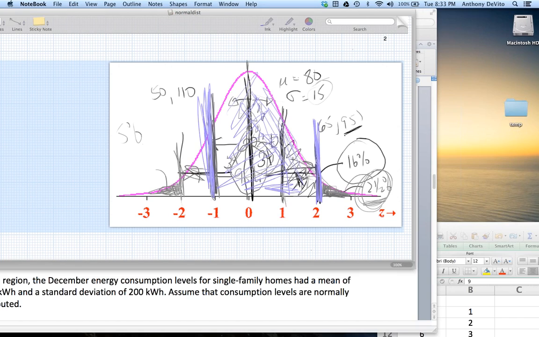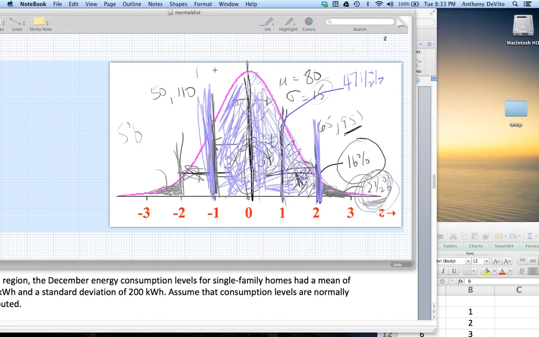So what do we know that area is? Well, this part over here, we know that goes up to 2 standard deviations, is only 2.5% outside, and it's half of 95%. So this area must be 47.5%, right? And how about this area over here? Well, we know that's half of the 68% because it's only 1 standard deviation below.